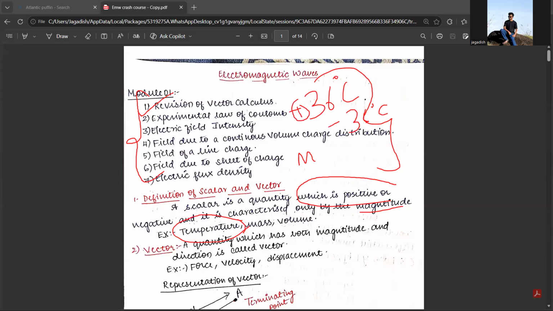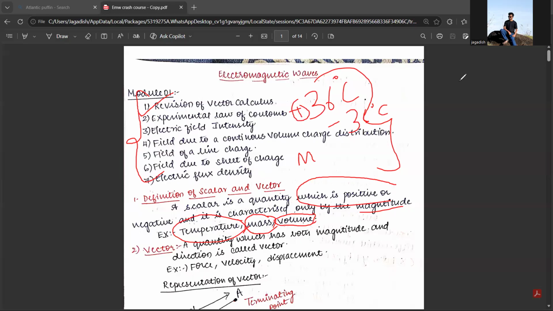No, right? Temperature will be positive or negative. Mass will be positive. Volume also will be in magnitude only. It will not have any direction.